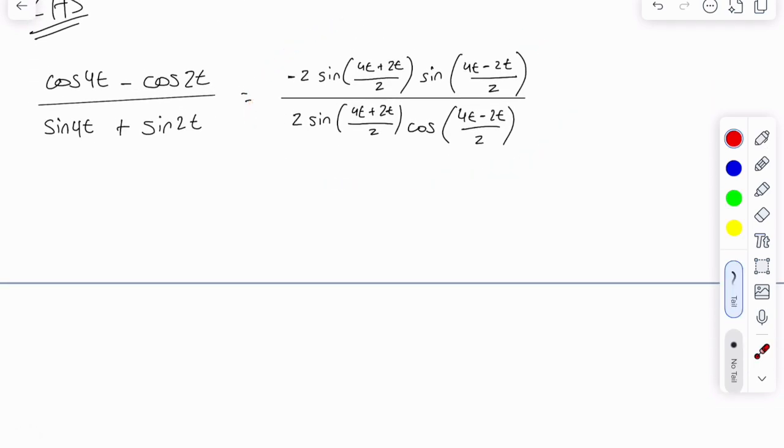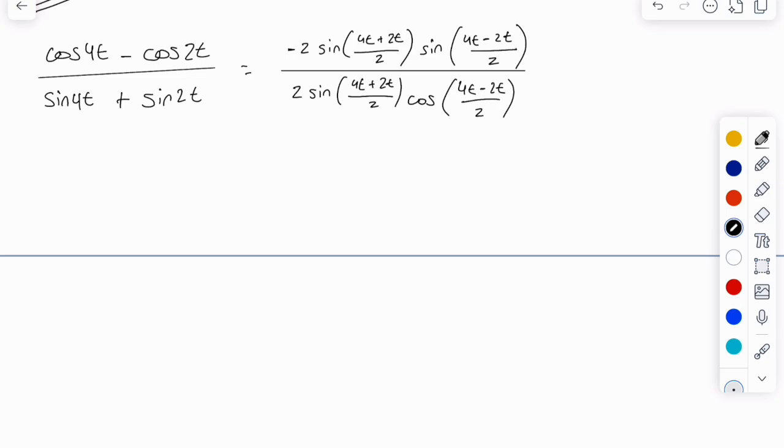So we've got this here, which means what? Let's break it down. So if we break this down, we get negative 2 sine of 6t over 2, which equals sine of 3t. And then 2t over 2, that's just t.